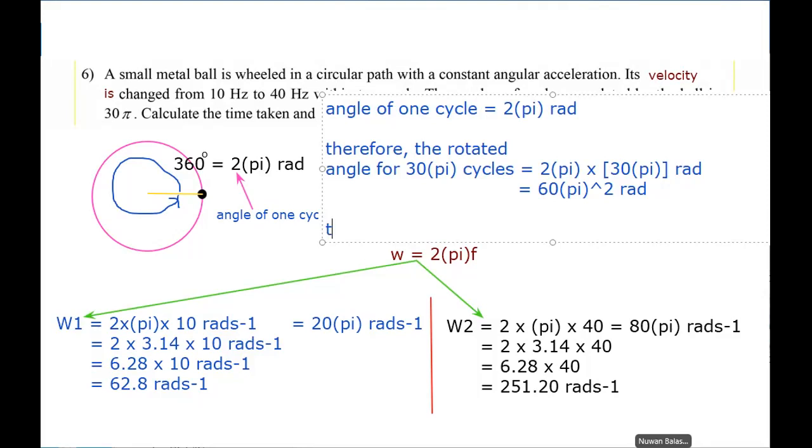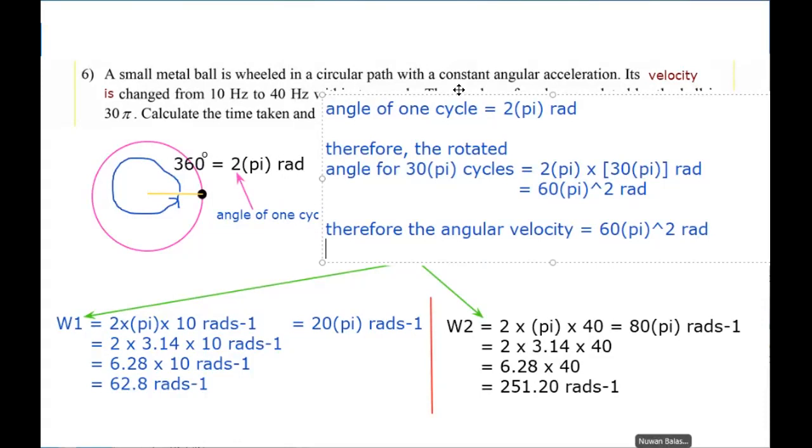Therefore, the angular displacement equals 60 times pi square. The unit is radian. So this is what we wanted to find.